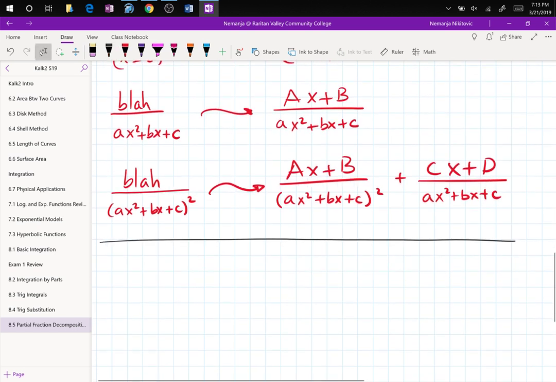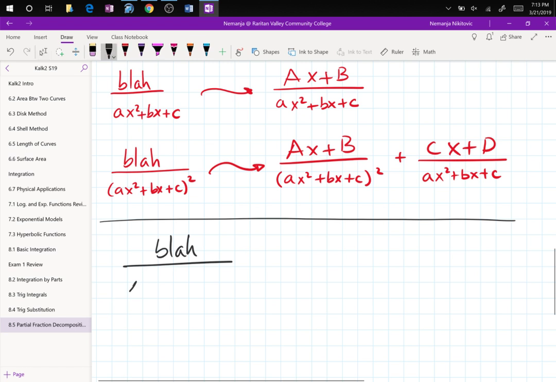All right. So here we are learning the setup. So blah over (x minus 3)(x squared plus 4). I am learning the setup. What do I have?